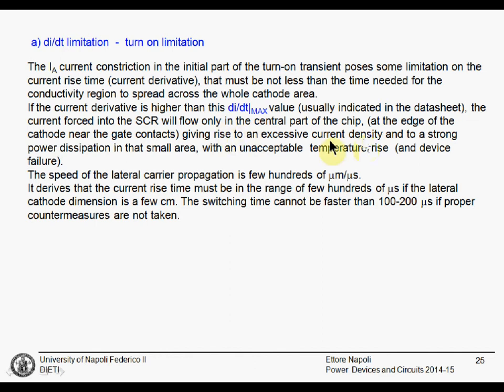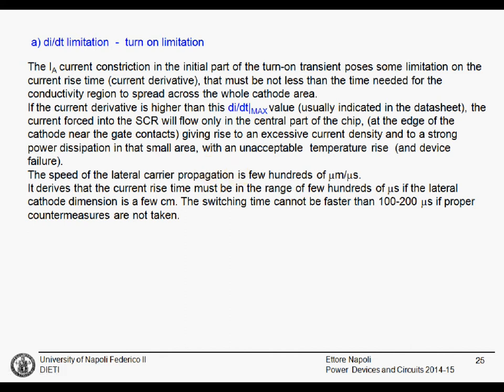And this means that the current density will be much larger than the expected value. Assuming that the entire device carries the current, I have a certain current density. If the actual area is 1/10 or 1/100th, this current density is 10 times or 100 times larger. And this means that there will be a very strong power dissipation in a small area, with an unacceptable temperature rise and device failure.